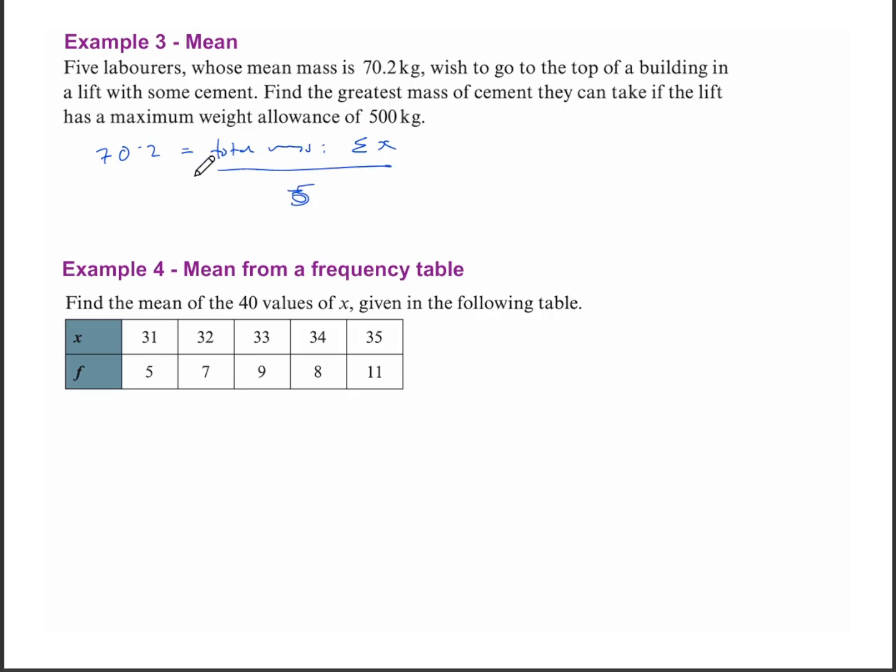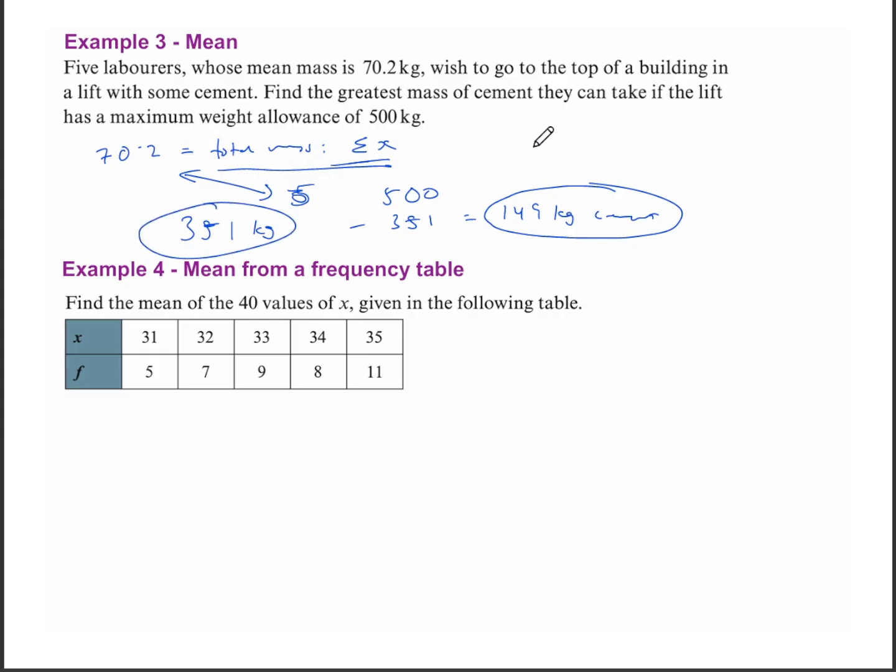That means all of them in total weigh 70.2 times 5, which is 351 kilograms. That's their total mass. Therefore, in total, they can now take 500 minus 351, which is 149 kilograms of cement. That's the maximum amount of cement they can take in the lift, because all the 5 laborers in total weigh 351 kilograms.